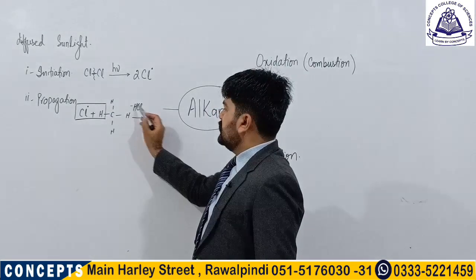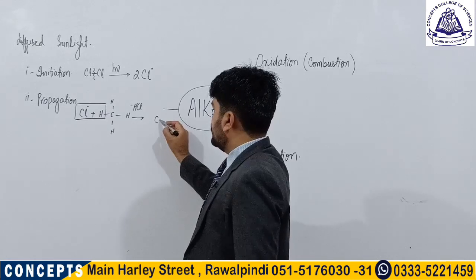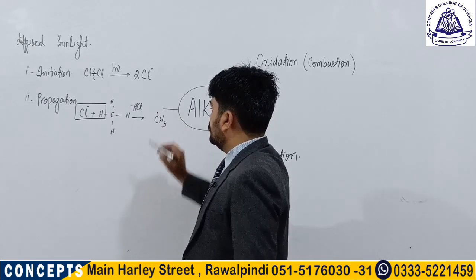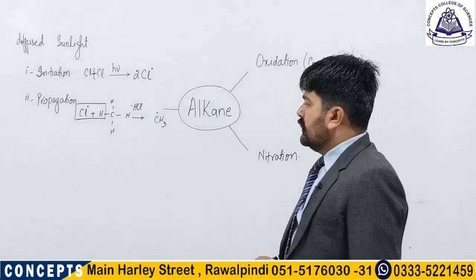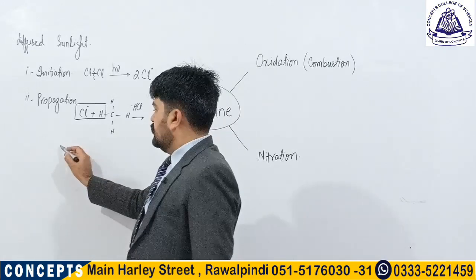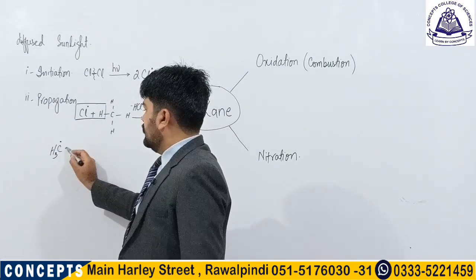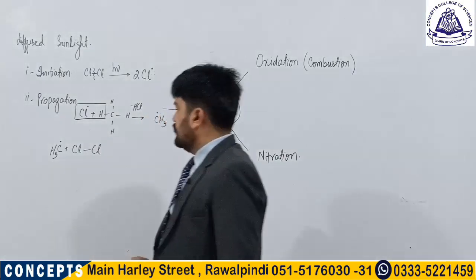So minus HCl, we get another free radical which has the formula CH3, the methyl free radical.